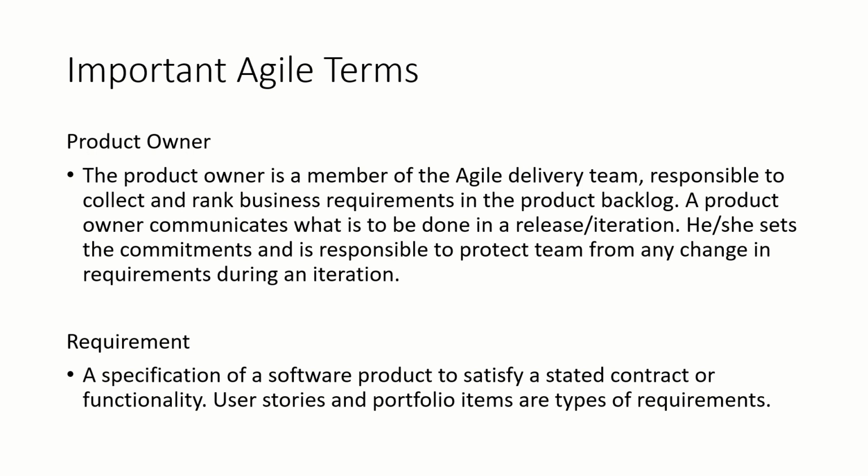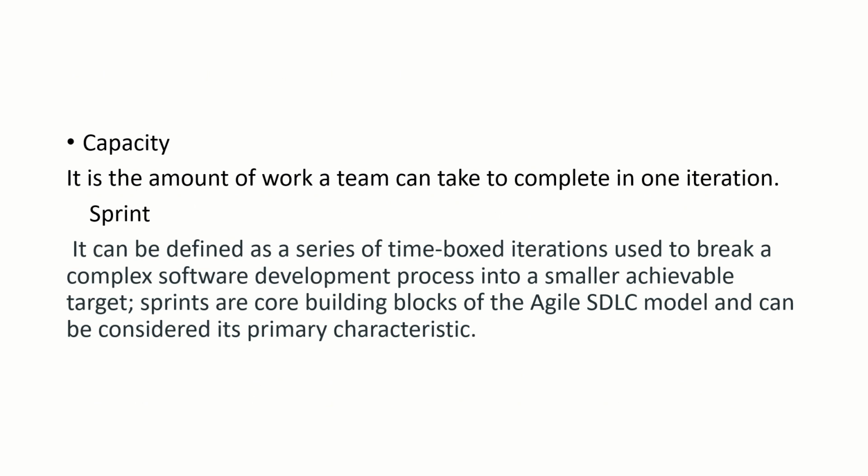User stories and portfolio items are types of requirements. Whenever some requirement comes in, you can divide it into basic tasks and assign them to particular users. That is what is called a user story. I will also discuss those things in the coming slides. Let me go to the next slide.